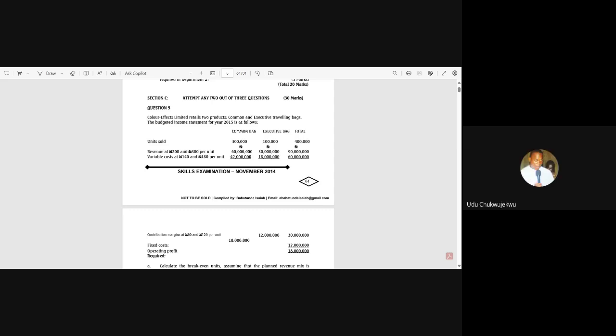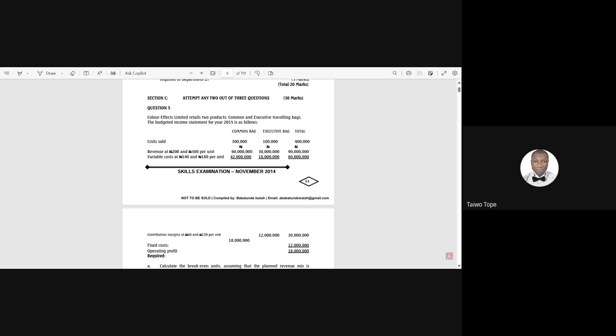So overall, total for common bag will be 200 multiplied by 300,000, you see 60 million, right? Yes. 300 multiplied by 100,000, you have 30 million. So when you add these two, you have 90 million.